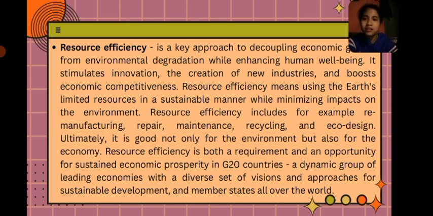Resource efficiency is both a requirement and an opportunity for sustained economic prosperity in G20 countries. So, the G20 countries are the dynamic group of leading economies with a diverse set of visions and approaches for sustainable development, and member states all over the world.